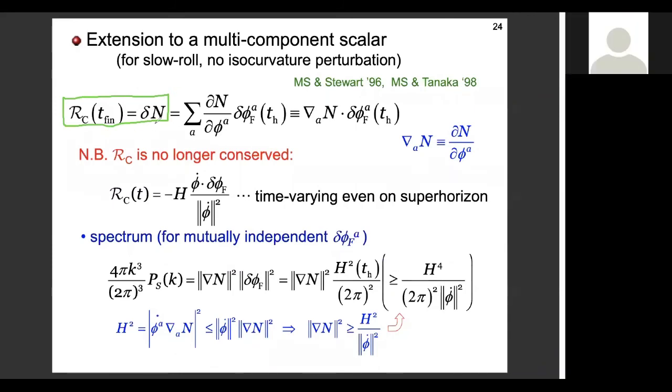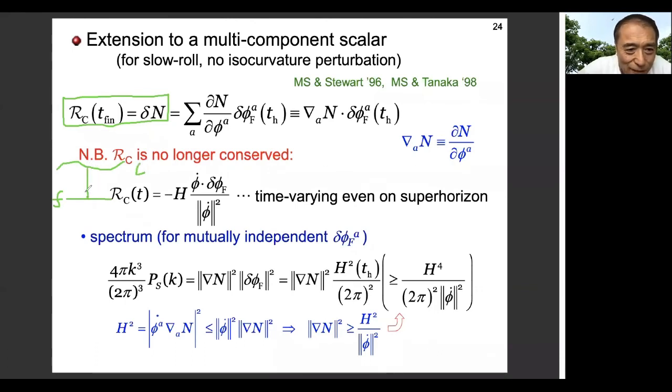Now the question is how you compute delta n. So what's the meaning of delta n? This is a number for the initial flat slices. So you have some flat slice, you have some comoving slice, and then you compute the number of e-folds for that, and the difference between these two will be delta n.